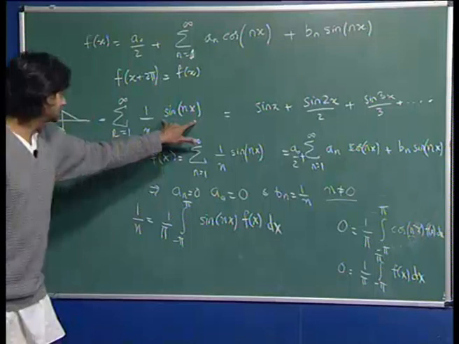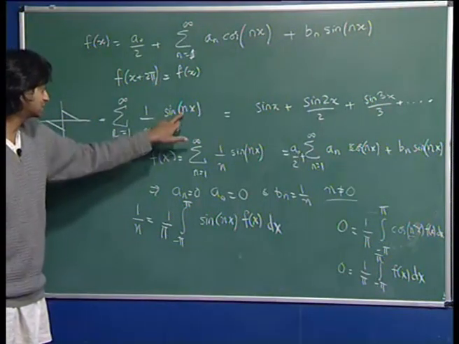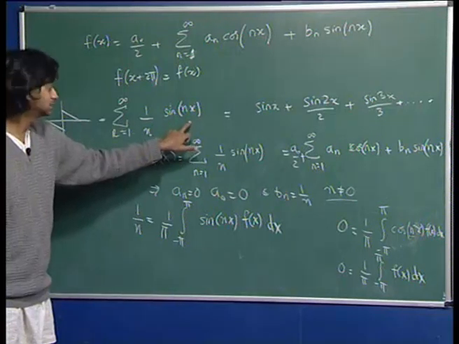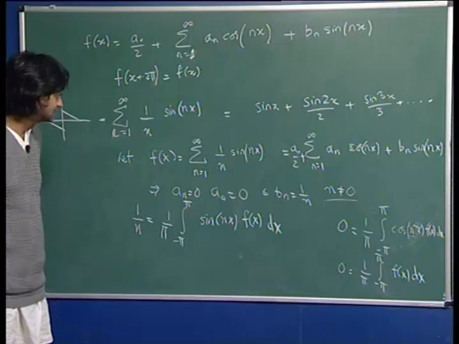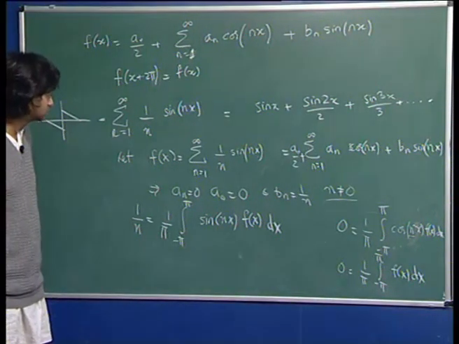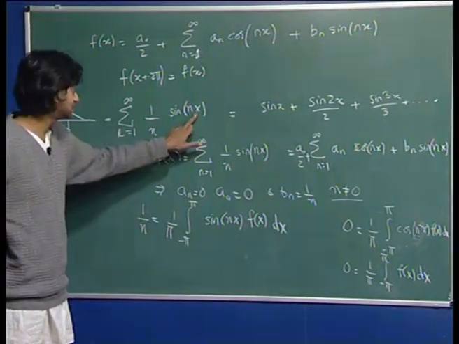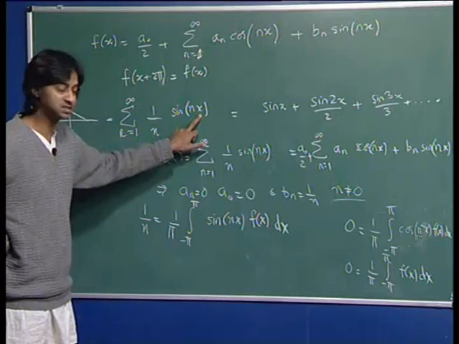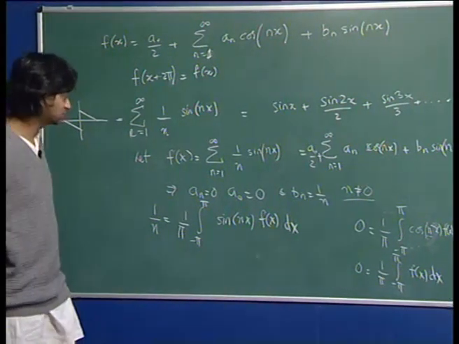Now, on this side, what I get is the following: if x is pi by 2, sin n pi by 2 is equal to 1 if n is odd, and it is 0 if n is even. Okay. So what you find is the following.